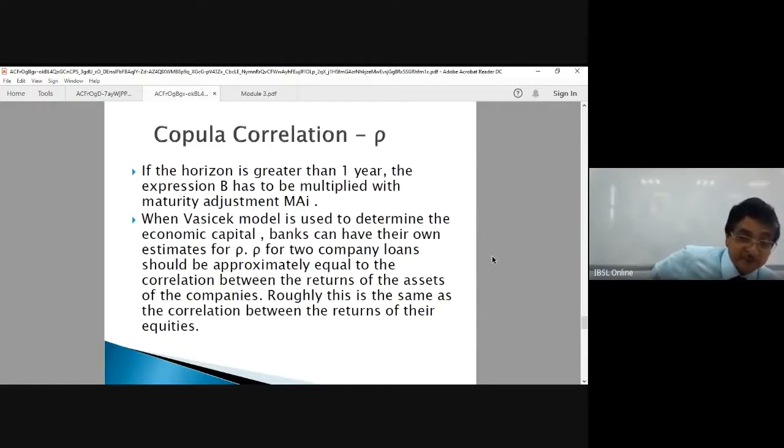These are practical situations. Say, for example, if you have several loans in a portfolio and all the borrowers are companies, say quoted companies, you can get their asset returns calculated, or their stock returns. And when you have the stock returns, you are in a position to calculate the correlation between these two returns.